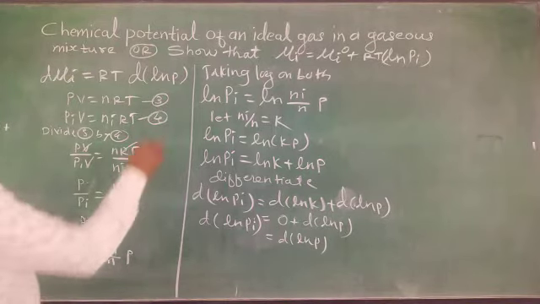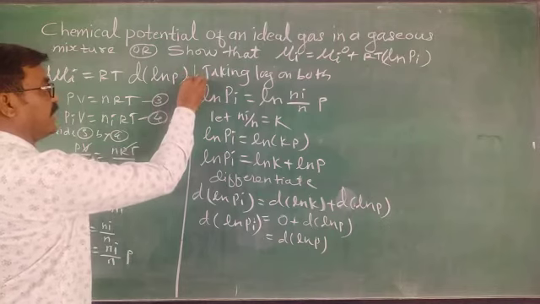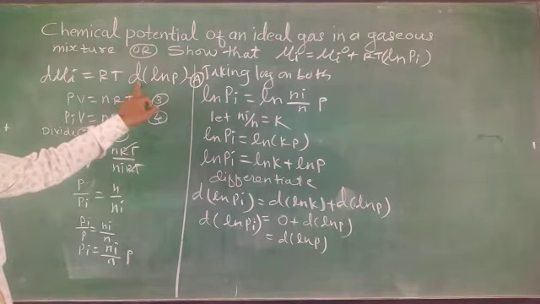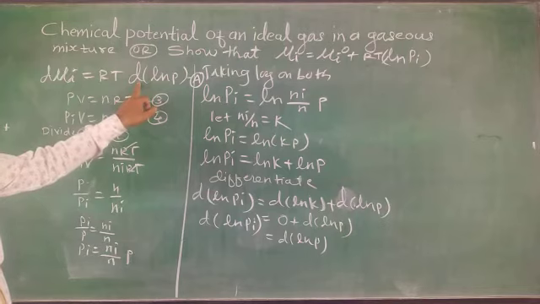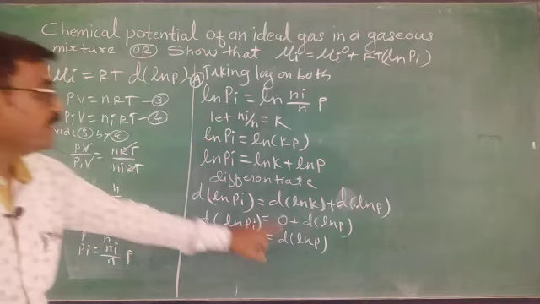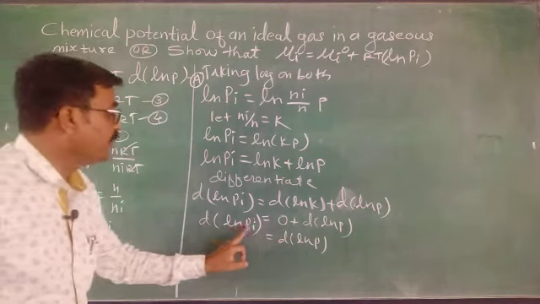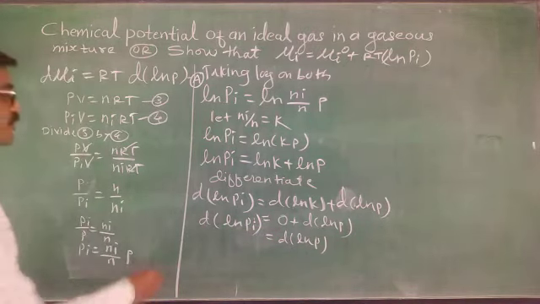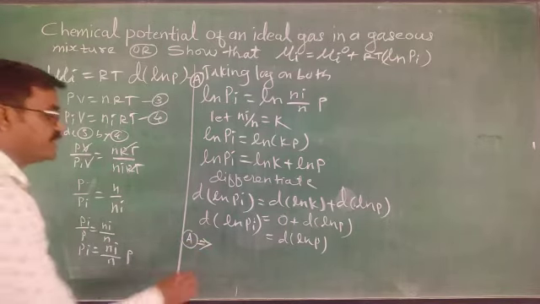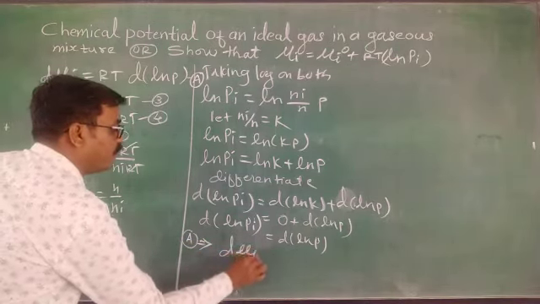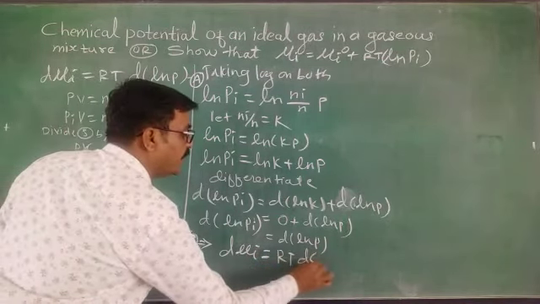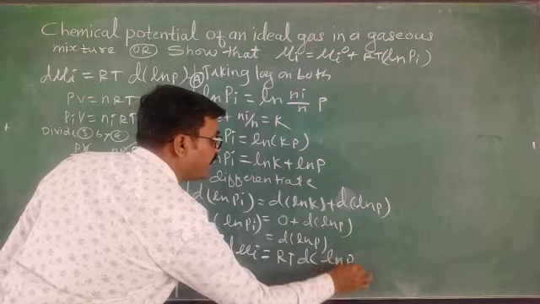If this is our equation A, in this equation we are able to put the derivative of ln Pi instead of the derivative of ln P. That's why equation A implies dμi is equal to RT into the derivative of ln Pi.